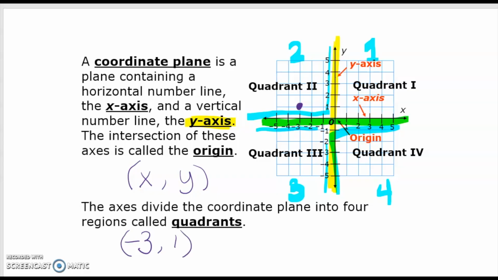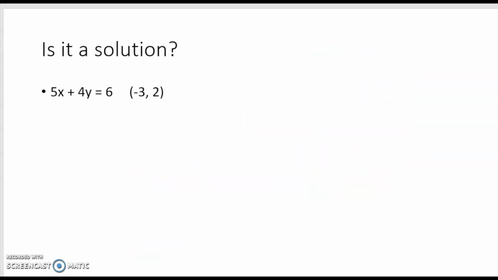So we're going to be using our coordinate plane to graph points, and then we're going to be using it to take an equation to find points and then to graph those points. Now, the first thing that we usually do when we're looking at an equation is we determine whether an ordered pair is a solution. Whether something's a solution just means, does that ordered pair make the equation true?